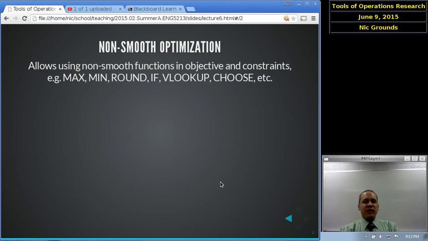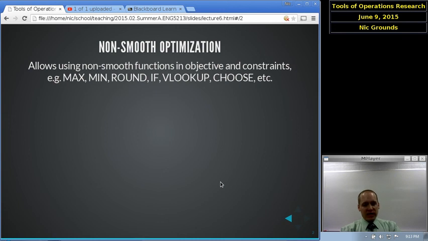Because of these breaks or these non-smooth functions, the optimizer can never be sure that one more change to some decision variable won't suddenly fall off a cliff and find a new local minimum, or won't suddenly hop on top of a cliff and find a new local maximum. Okay? So all it can do is do its best to search around, not really doing hill climbing at all, and just trying to find the best solution it can find.